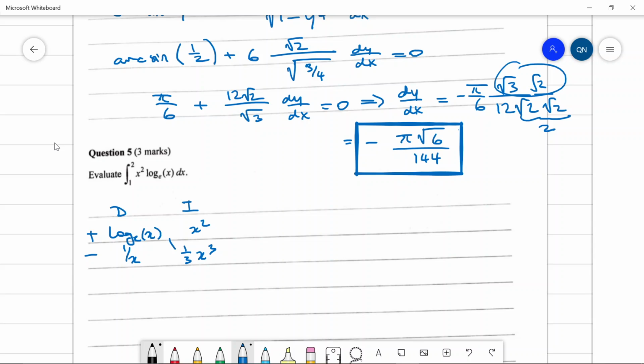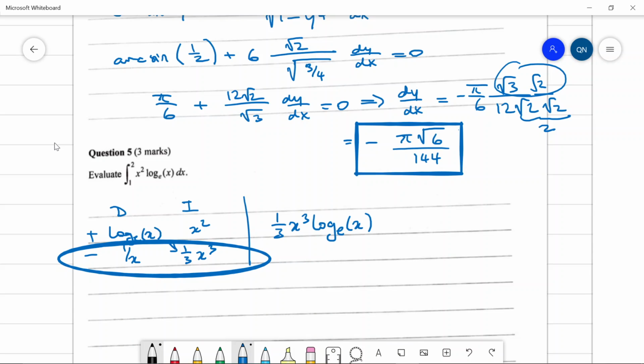Okay. So I'm pretty sure the way it works is the diagonal over here is the answer, what you just write down. So 1/3 x cubed times log base e of x.